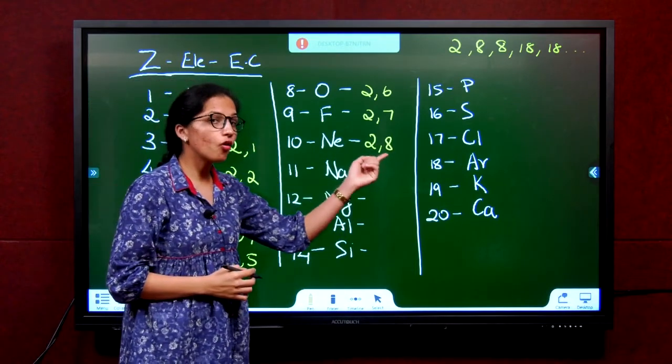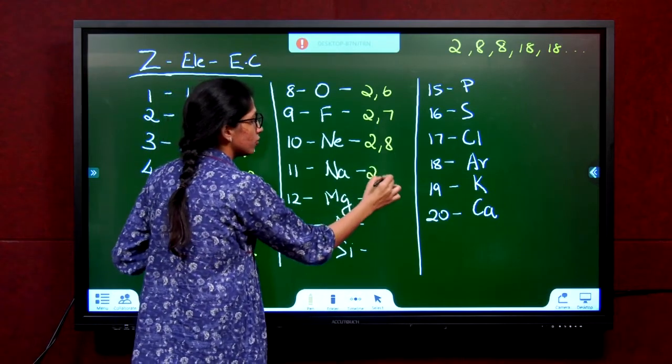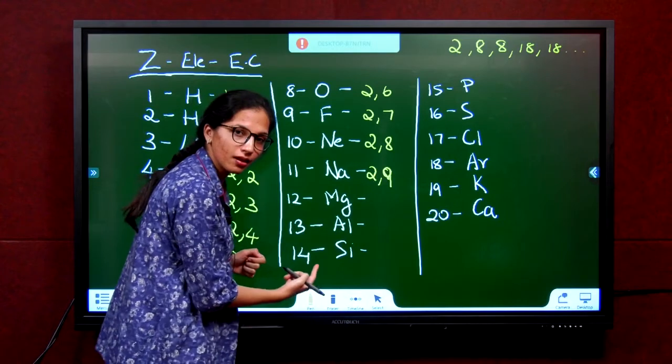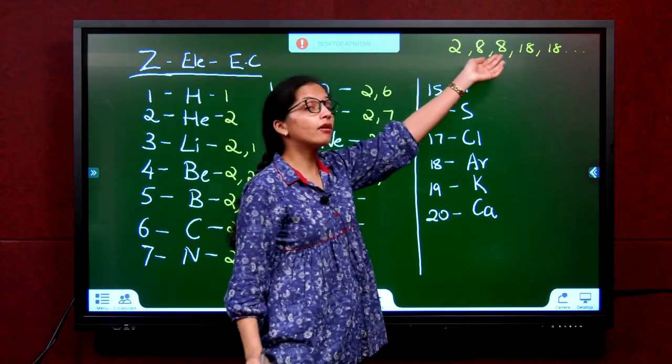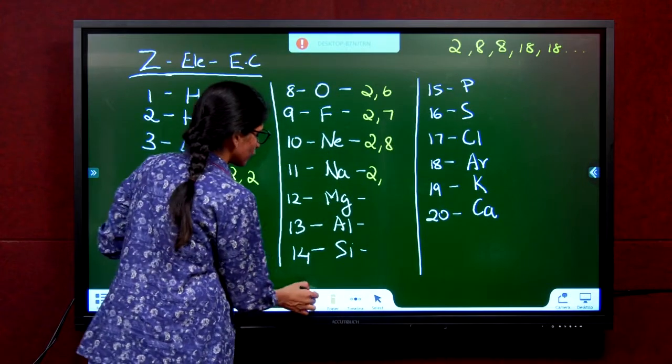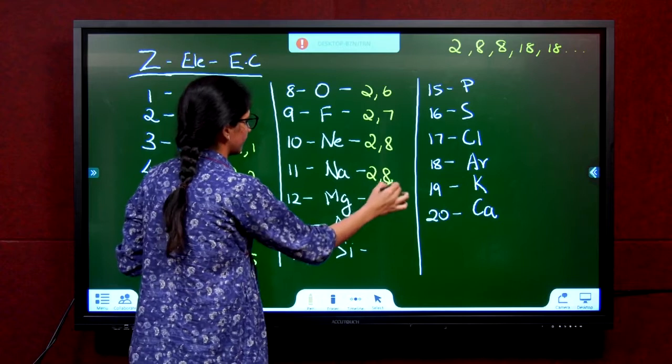Maximum capacity over. Now next, sodium 2, 9. Is it possible? No, because L right now can hold only 8. So it's 8. The remaining one goes to the next shell.